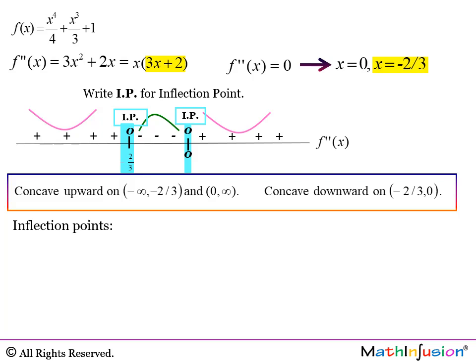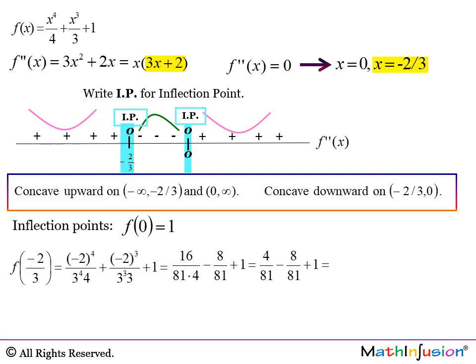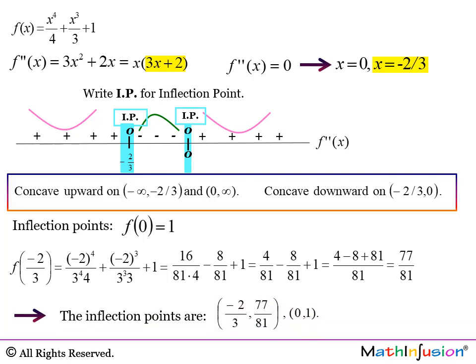For the y-coordinate, we have to substitute the x-coordinate in the function because an inflection point is a point on the graph of the function f(x). f of 0 is 1, and f of negative 2/3, after you do some algebra, you get 77/81. So we can conclude that the inflection points are, first of all, (0, 1), and then (-2/3, 77/81).